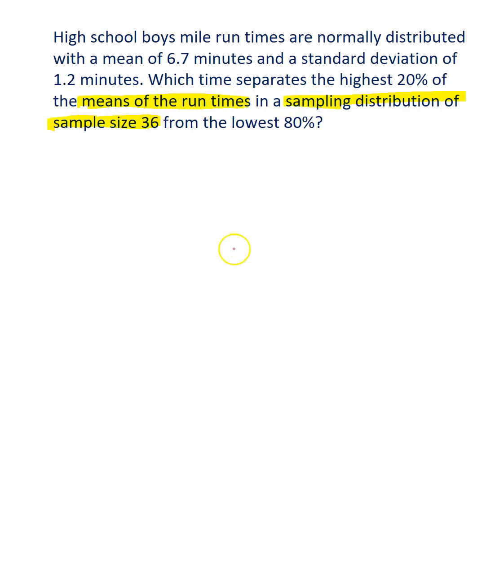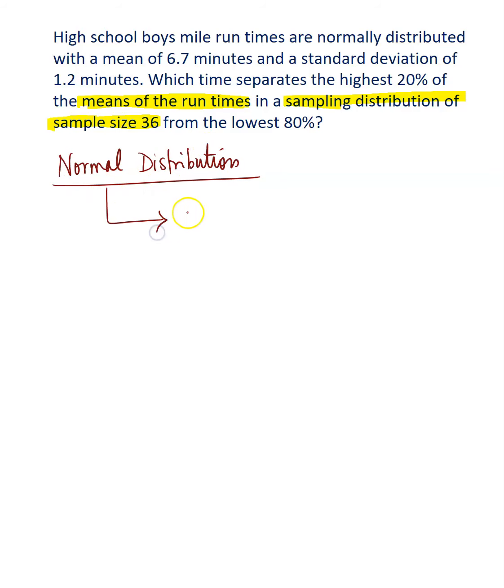So when I draw the graph, because we do have the distribution to be normal, with mean 6.7 and 1.2, maybe I'll just write that information. So normal distribution, that's your known distribution. Your n is 36, even better. Mu is 6.7 and sigma is 1.2.